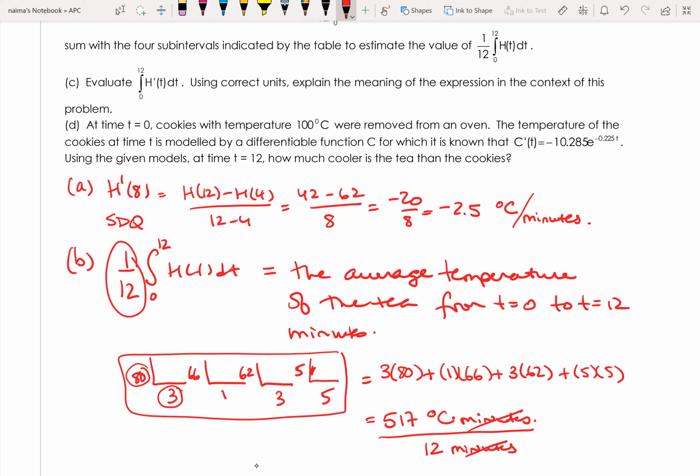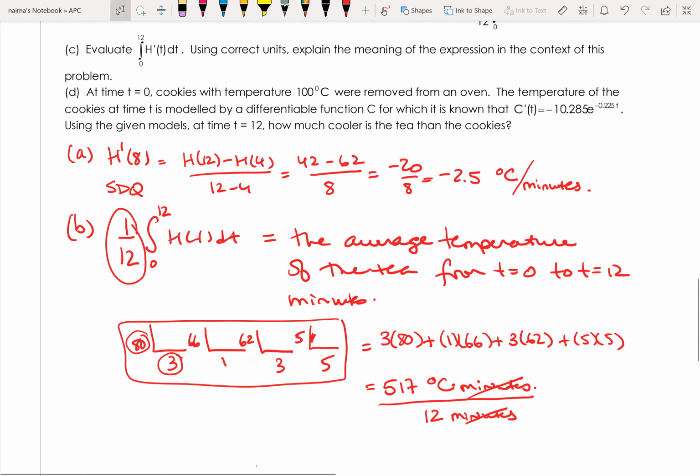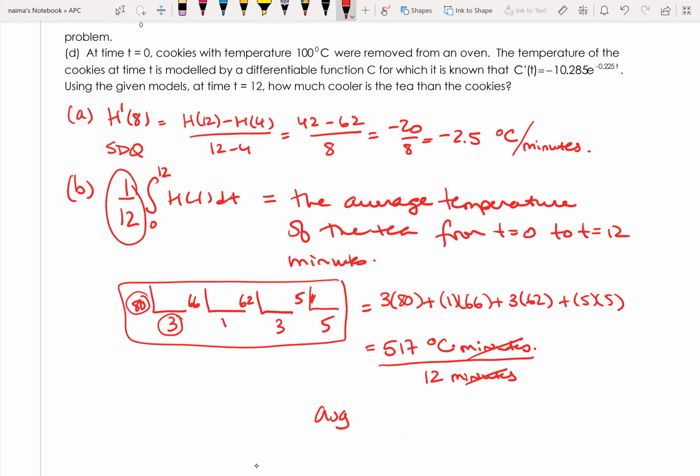So 517 divided by 12 turns out to be 43.083 degrees Celsius, the average temperature from t equals 0 to t equals 12 minutes.